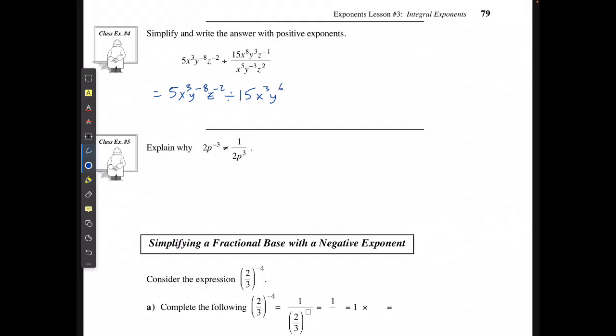And negative 1 minus 2 for the z's is going to be z^-3.